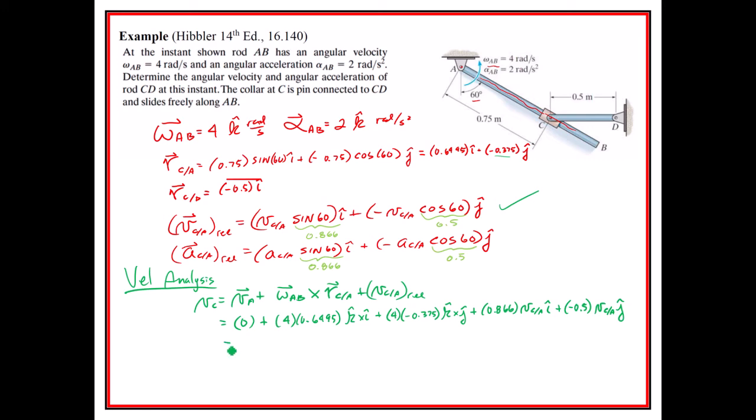If I work all of those out, including the fact that k crossed with i turns into j and k crossed with j turns into negative i, we end up with 1.5 plus 0.866 times V C with respect to A in the i direction, plus 2.598 minus 0.5 V C with respect to A in the j direction.